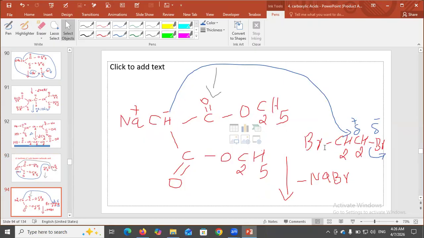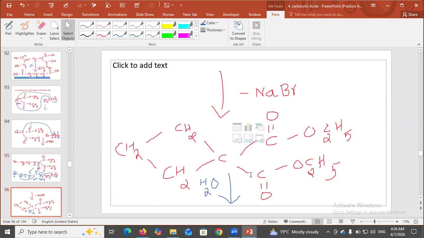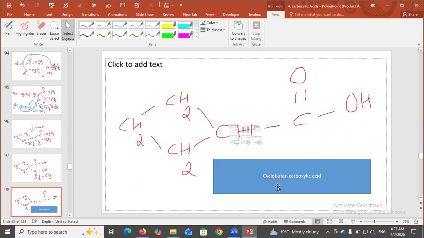This product is reacted with this alkyl halide and produces this product, again reacted with sodium ethoxide and produces this product, and heated produces cyclobutane carboxylic acid.